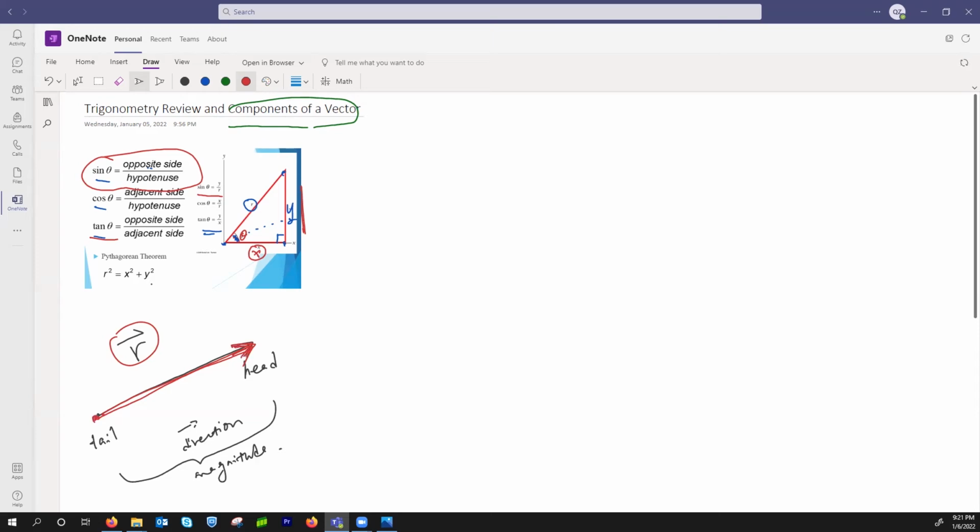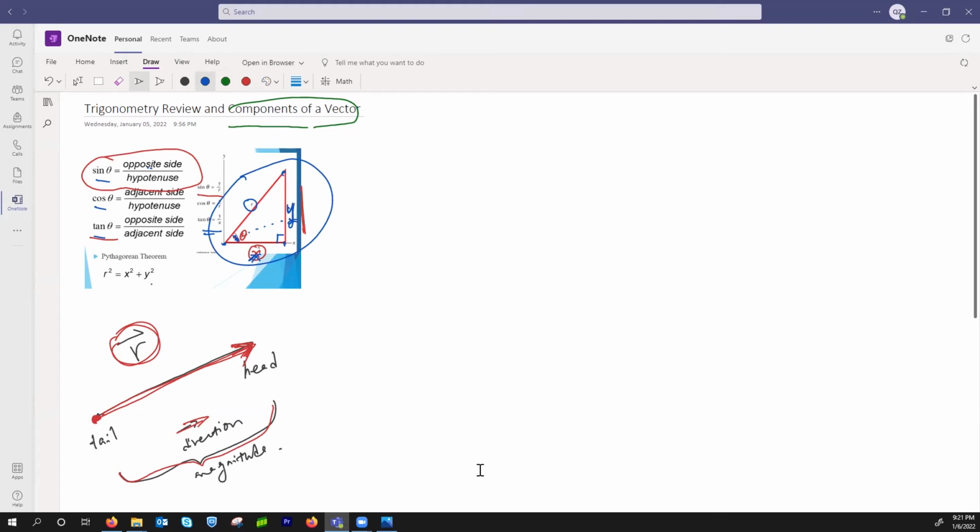Head is where the arrow is, which means the direction it goes. And the tail is the starting point. And again, this is the direction of this particular vector r, and this is the magnitude of how large it is. With any vector, we can always build a right triangle and find out its x component and y component.